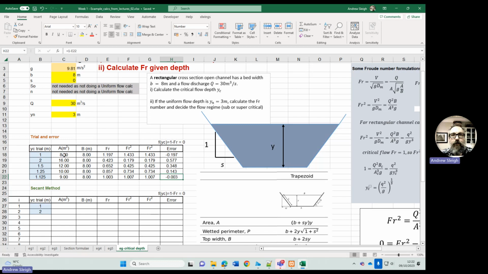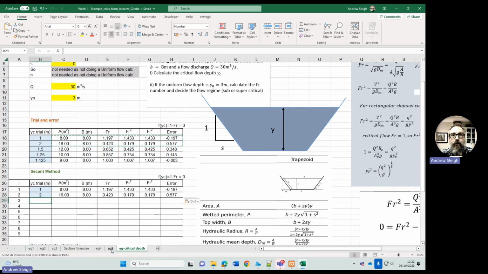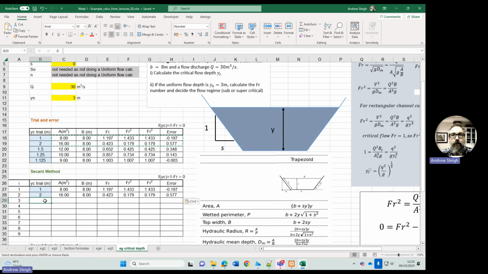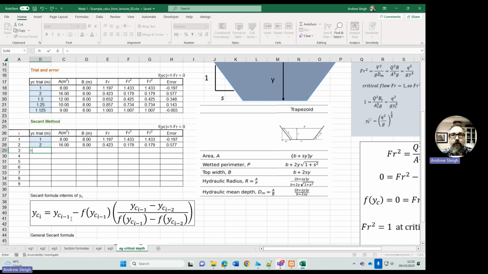Let's look at the secant method, or we can copy those first 2 rows if we've done them right. Yes, they're giving the right values. The secant method here, well, we did a trapezoidal section last time. Can we use that? The secant method, we probably could, but we're not sure. So let's type it in again. Remember, the secant method formulas here, always have your formulas handy.